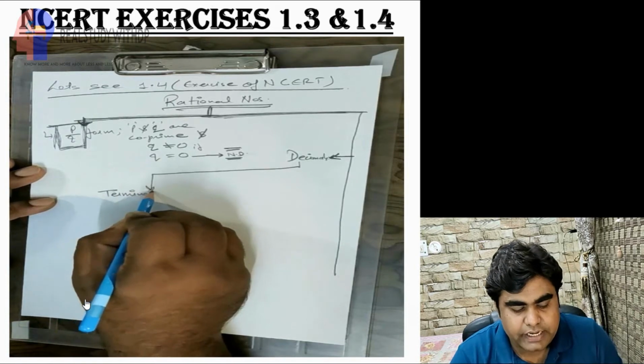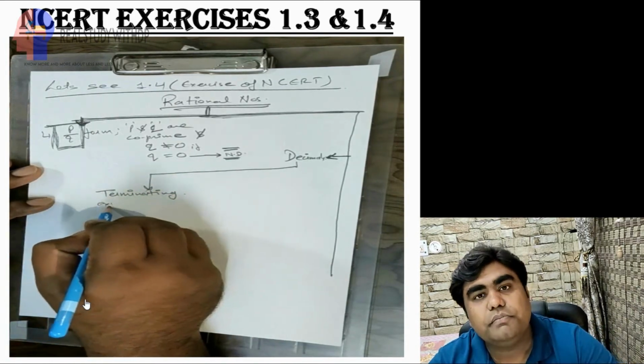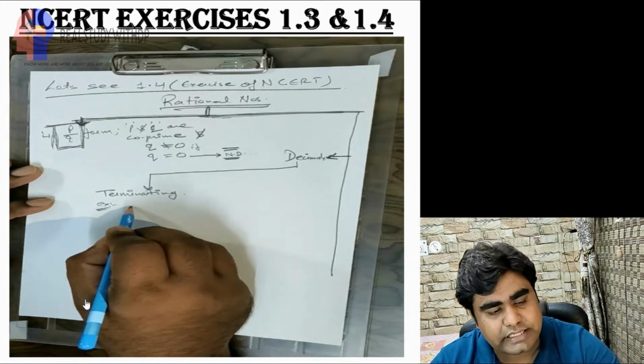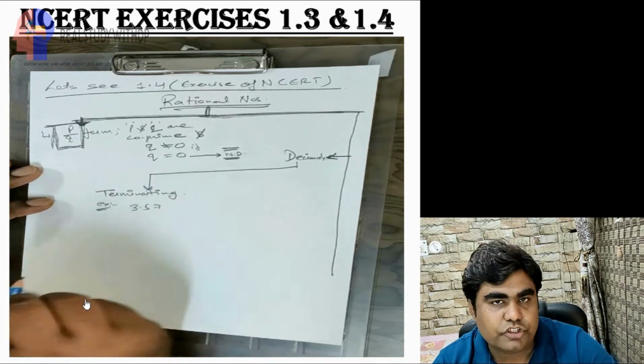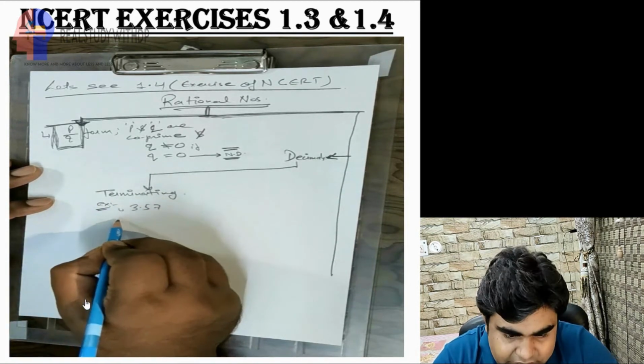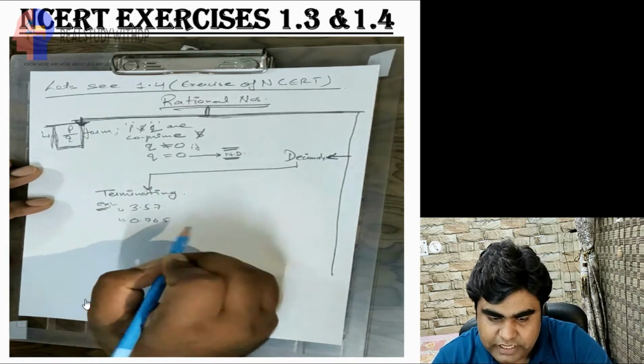The first category is the terminating kind. As the name suggests, terminating means that the decimal number is going to terminate. Say for example, 3.57. That's it. The number has ended here. After 7, there is no other number.